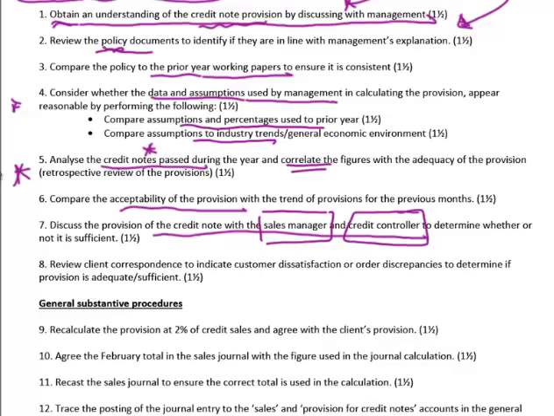So we could have a chat to them, see how many credit notes they expect to be returned every month, or whether what management is providing for seems appropriate. These guys are the experts in their division. So we could see if management is calculating the correct thing here. We could review client correspondence to indicate customer dissatisfaction or audit discrepancies to determine if this provision is actually adequate.